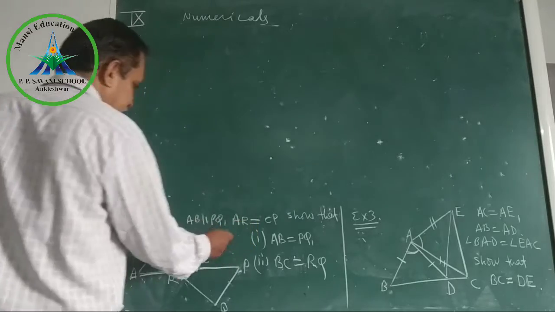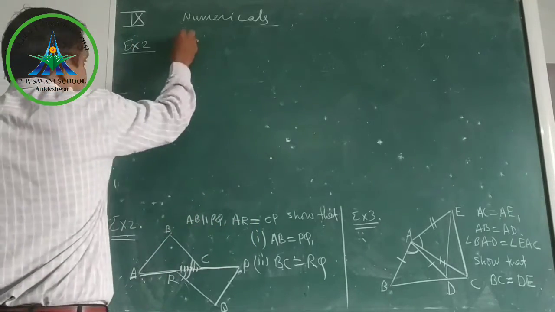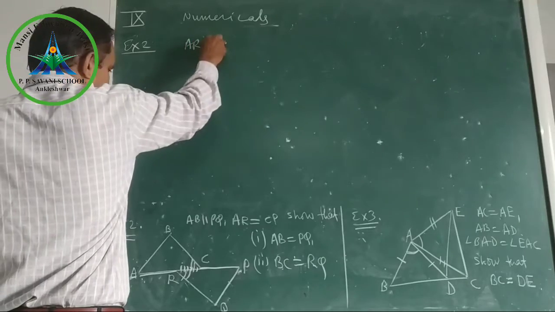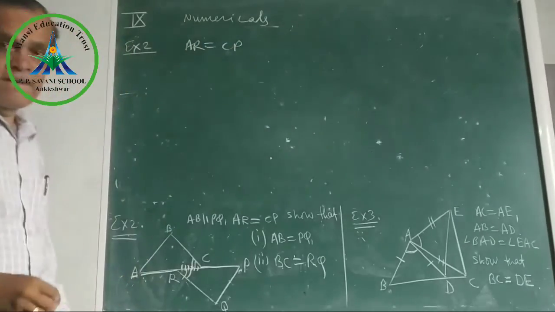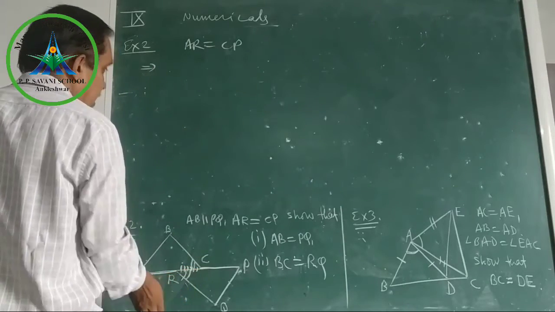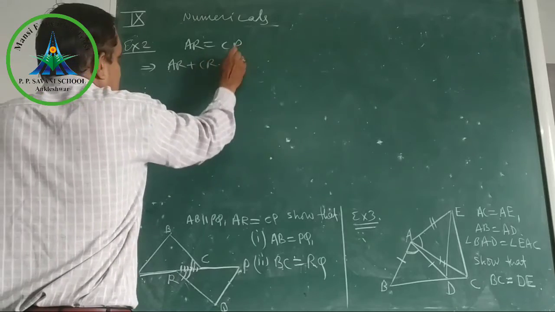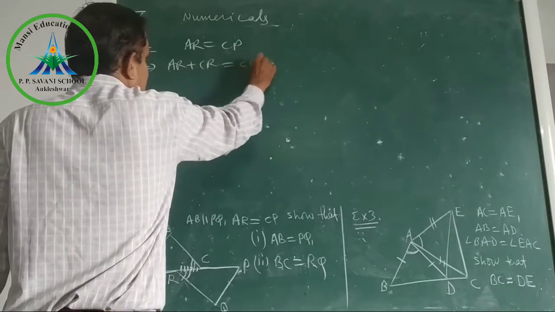Now see. First we will just look at the given thing. Example number 2. Students look here. AR equal to CP. Add CR in both, because we have learned axioms.